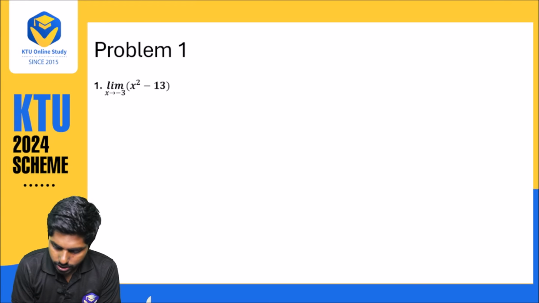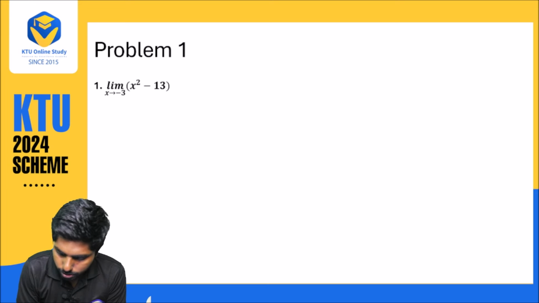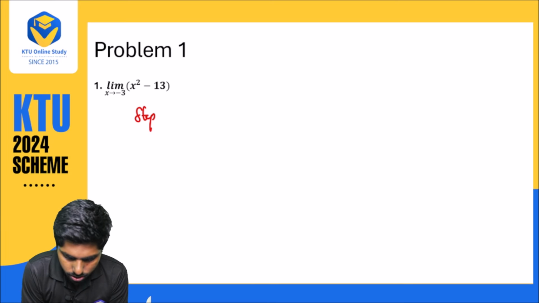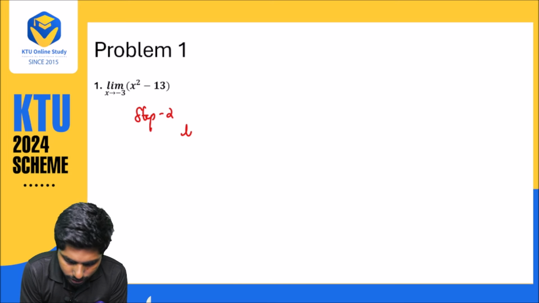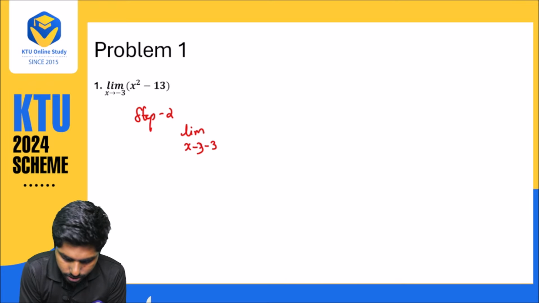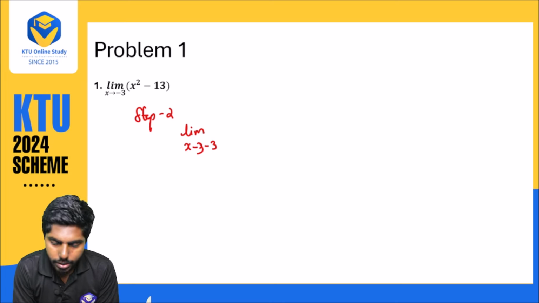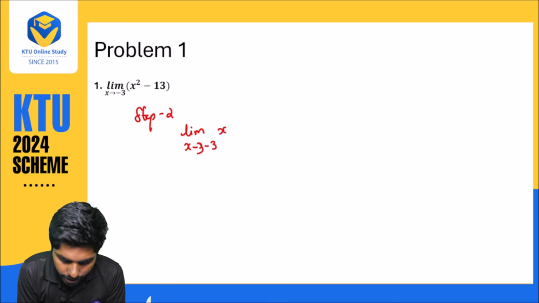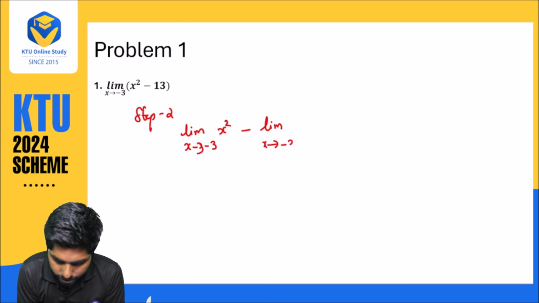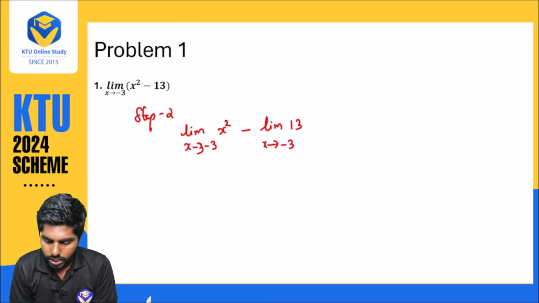Next, step number 2. We know the limit as x approaches minus 3, and we can separate it as the limit of x squared minus the limit as x approaches minus 3 of 13.